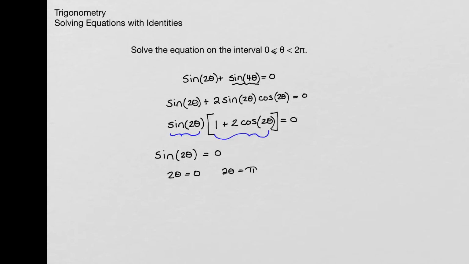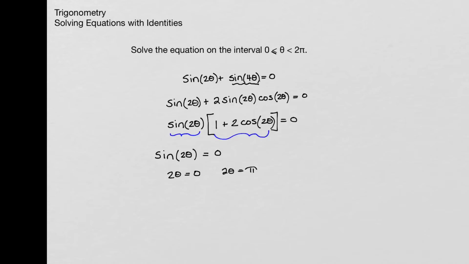And where's the next place that the sine function can equal 0? Because I have a double angle here, because this is 2 theta, I pretty much every time have to go past what we normally do. If this were just theta, then I would just stop with 0 and pi, because I wouldn't get another value on 0 to 2 pi.